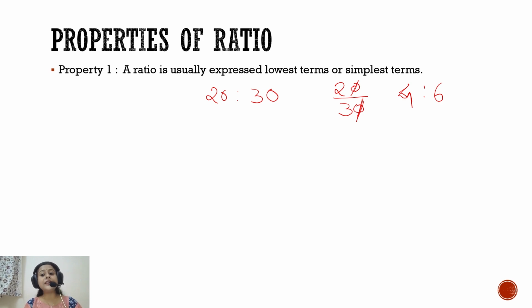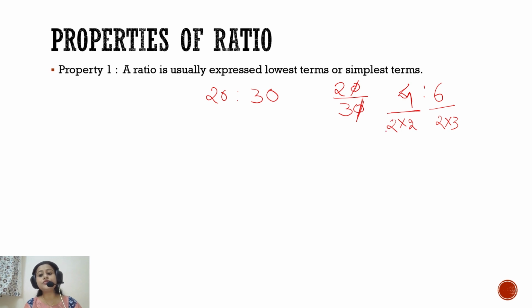So what is the greatest common divisor? Suppose for 4, I will factorize it, 2 into 2, and here 2 into 3. What is the common divisor between these two? If there are multiple common divisors, we have to consider the greatest one, the biggest one.